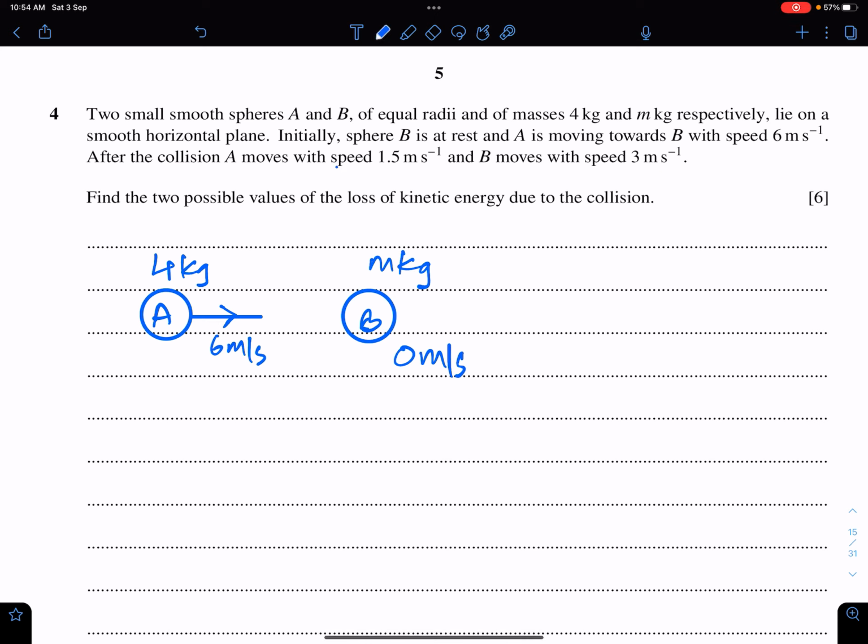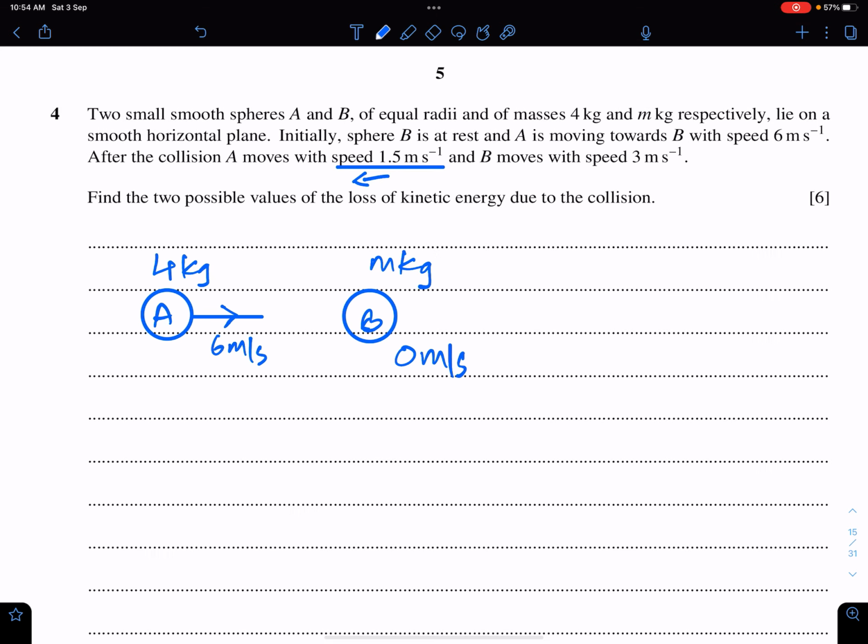It's not mentioned in which direction A would move, so there are two possibilities, this or this. So after the collision, this is A and this is B, and B moves with speed 3 meters per second. This is obvious, B will move in this direction.